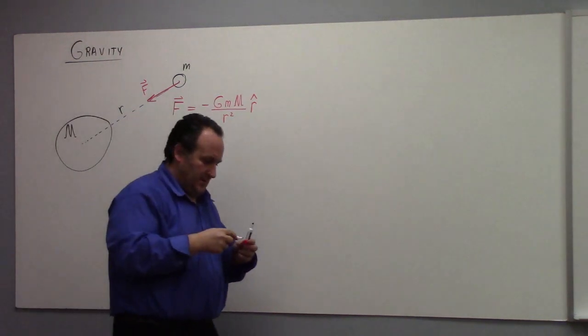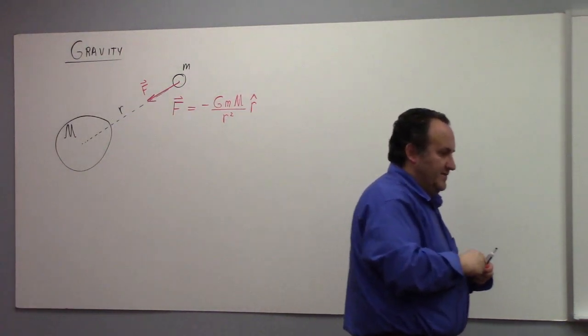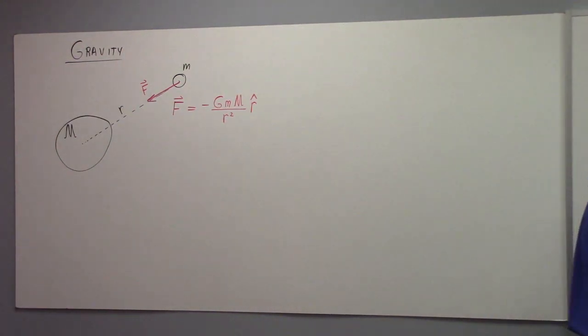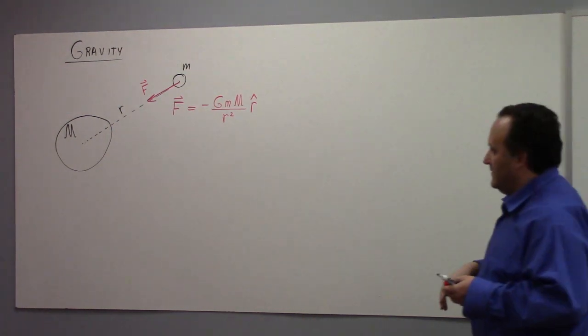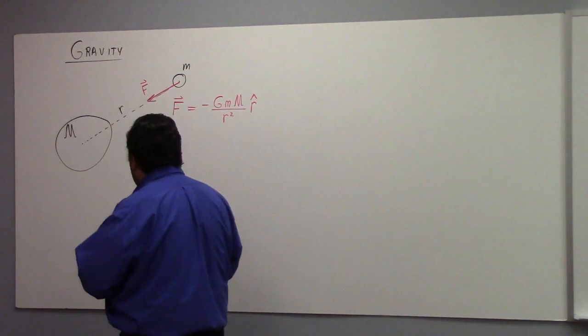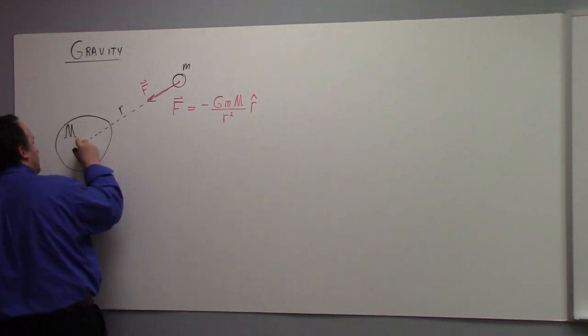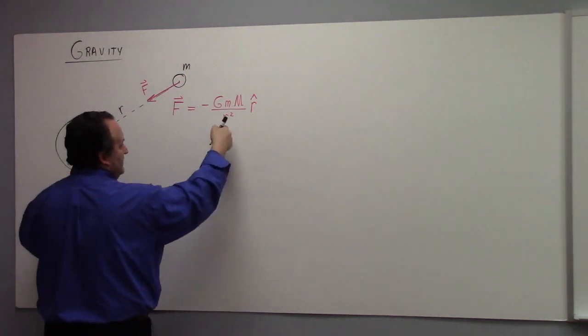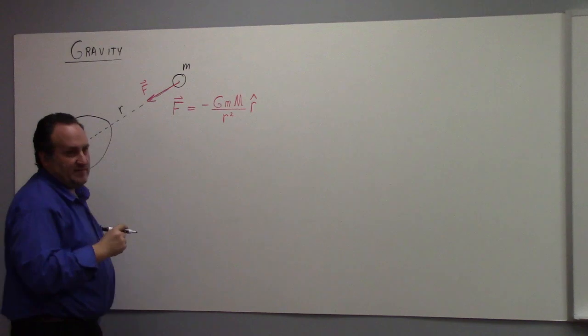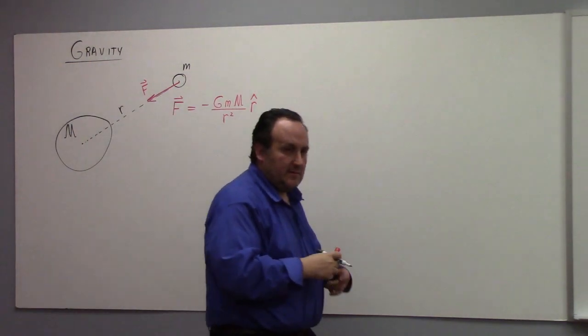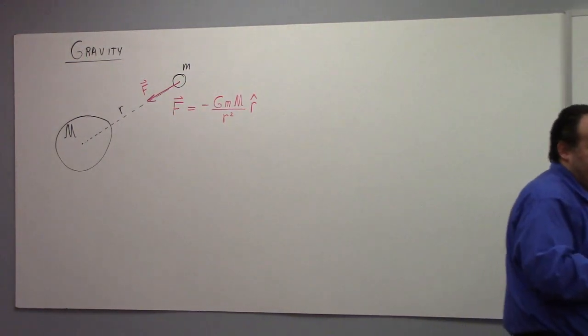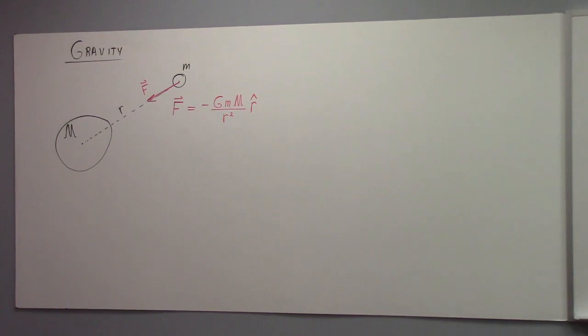Here I've decided to put the large mass at the origin. The center of mass of the large mass is at the origin. And this is what Newton's universal law of gravitation says: that the force is inversely proportional to the distance between the centers of the masses that are gravitating. And that's it. This is Newton's universal law of gravitation.